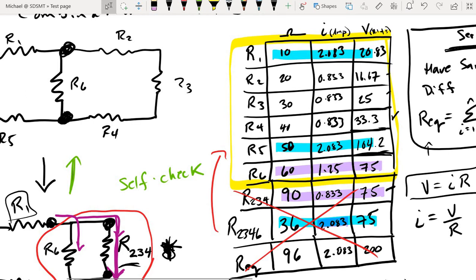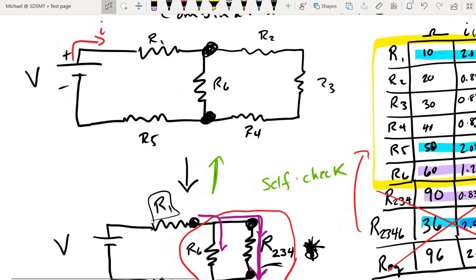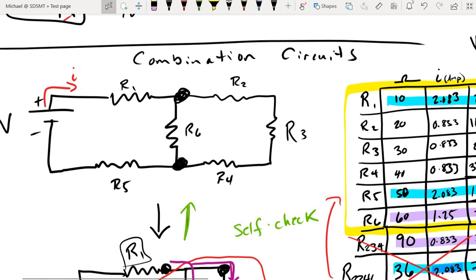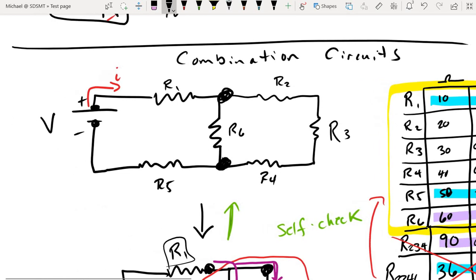Everything just kind of fits together perfectly, and if it doesn't, we probably shouldn't continue. We need to go back and figure out what was wrong. But now we have an opportunity to revisit the idea of potential difference.